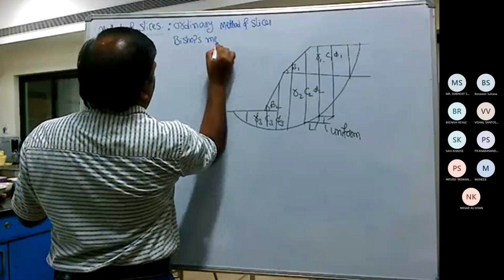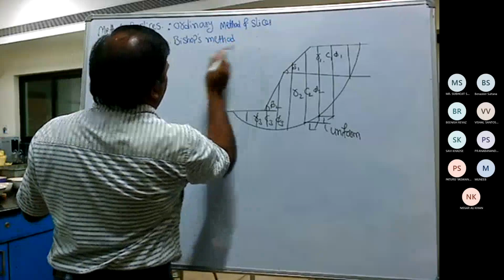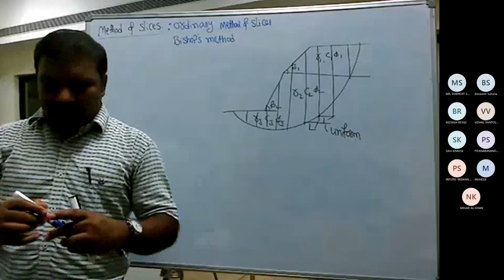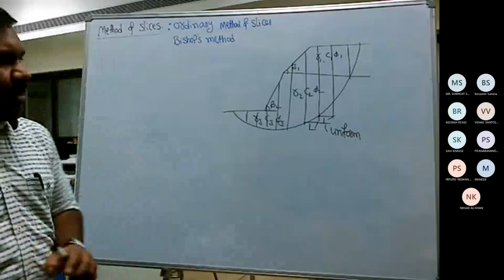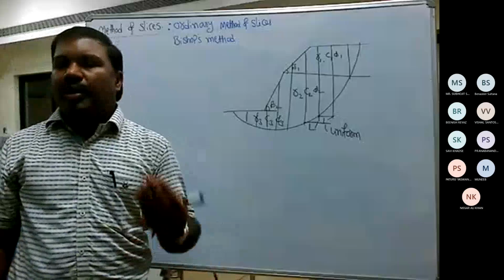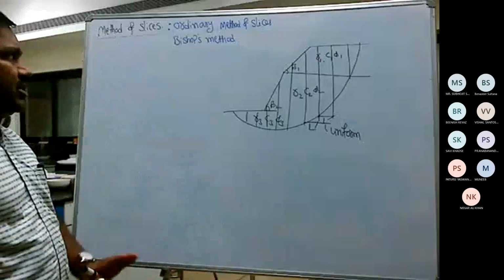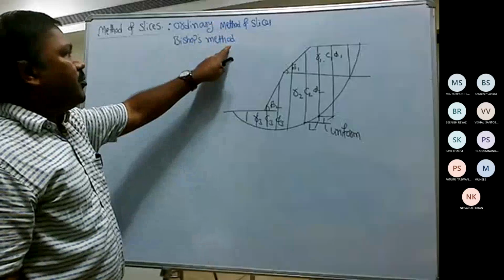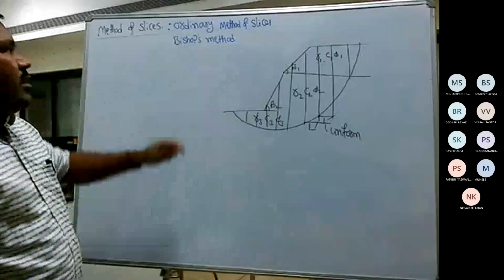Then there are several others, such as Bishop, Morgenstern and Price. Several methods are there depending upon the field conditions that arise. But the horizon started from the ordinary method of slices, and it was further improved by the Bishop method.